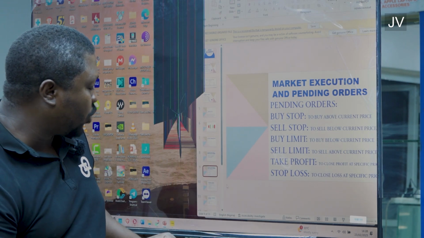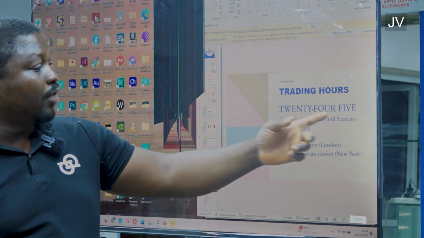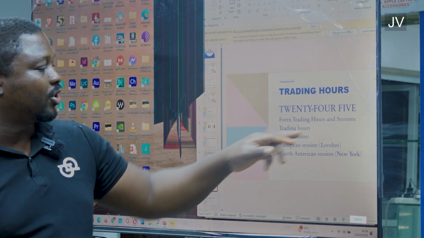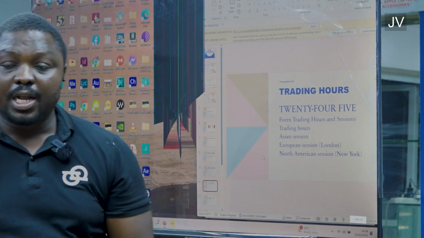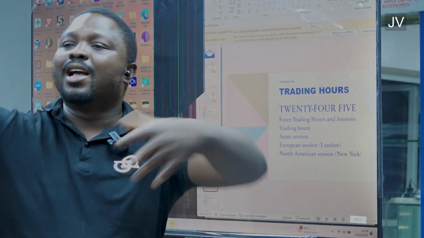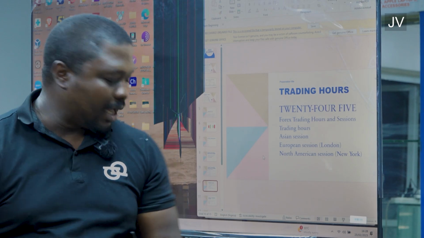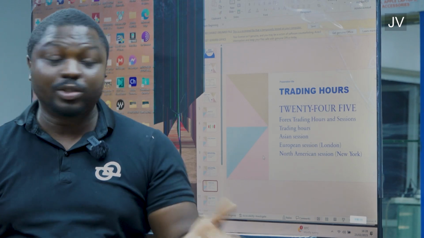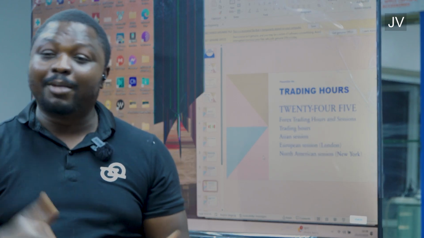Now let's look at trading hours. 24/5, I've said it. First is the Asian session. The Asian session involves Sydney and Tokyo. In the night, when Africans, those in GMT, even London itself, are sleeping, snoring, the market is still moving.